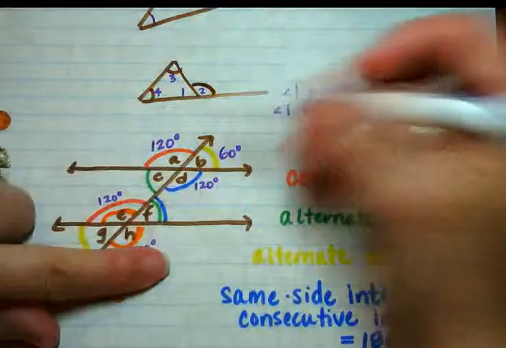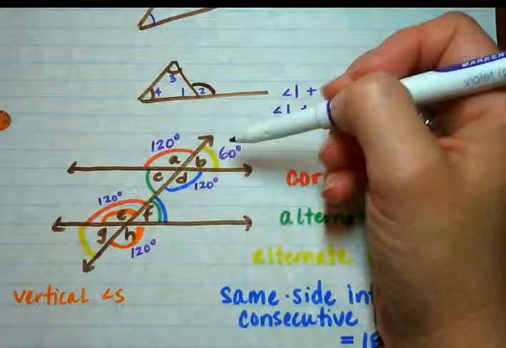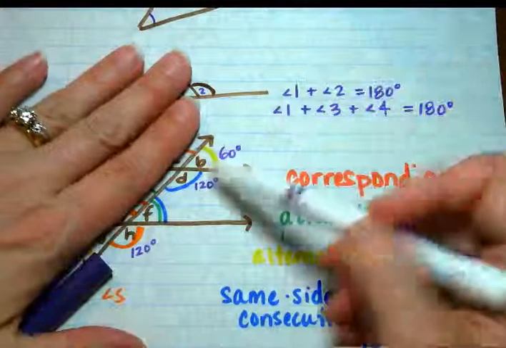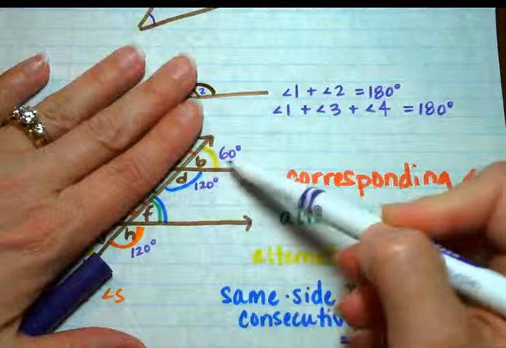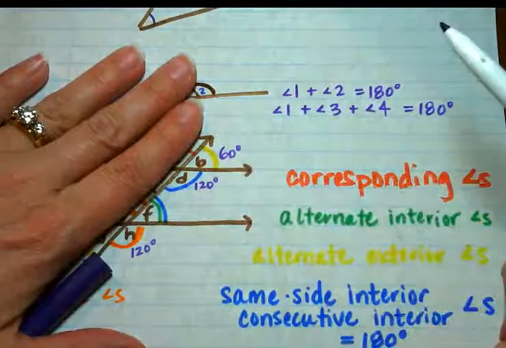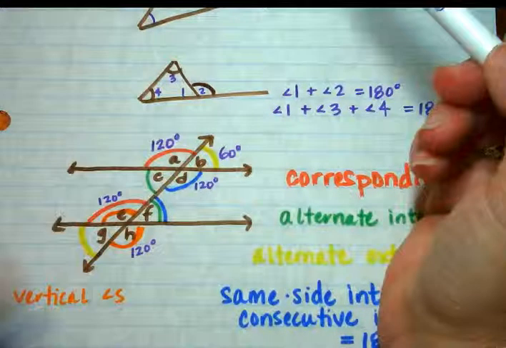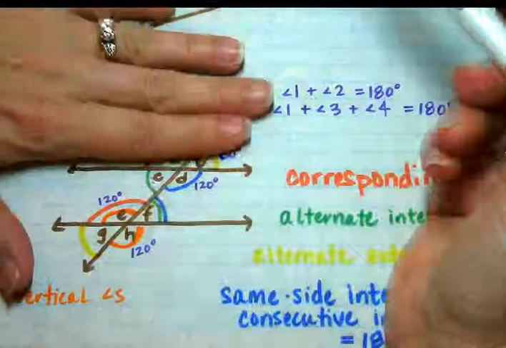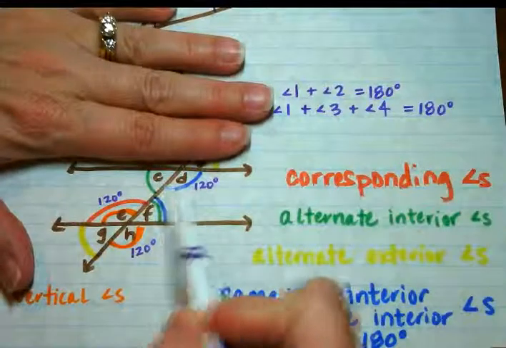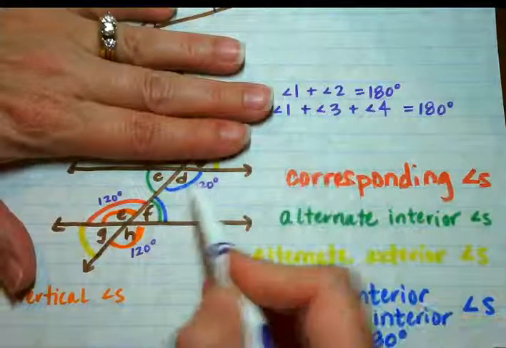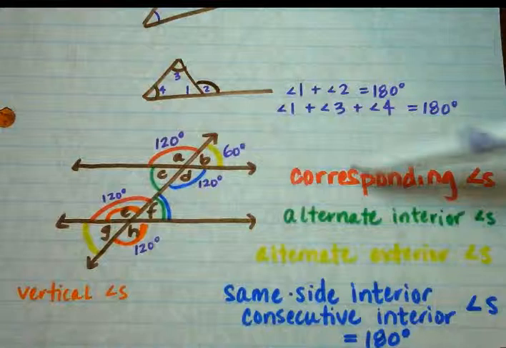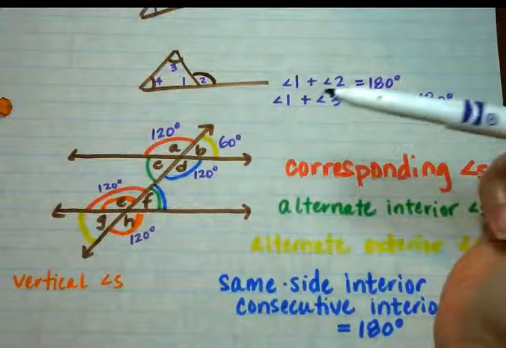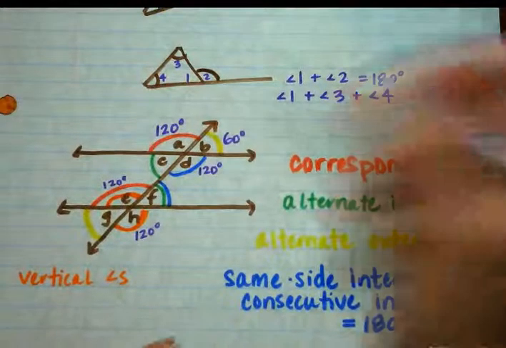So then if that is 60 degrees, these two angles right here also have to add up to 180 degrees. And so do those two angles right there, C and D. But we can also go back and use this vocabulary down here. So lots of different ways to figure it out.